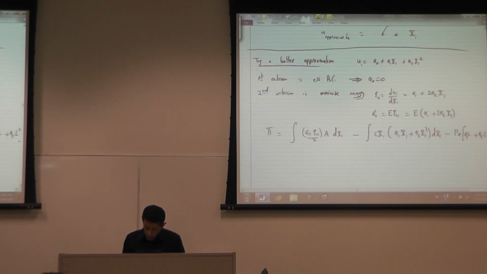If you put what you know for the stress and the strain and integrate from 0 to L, you will find this is a function of a1 and a2.